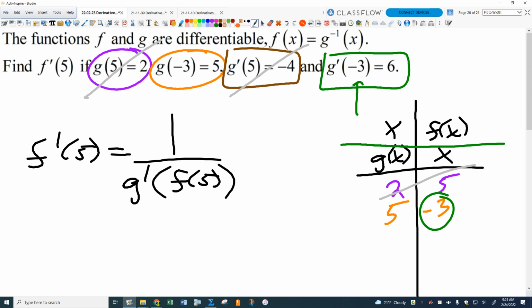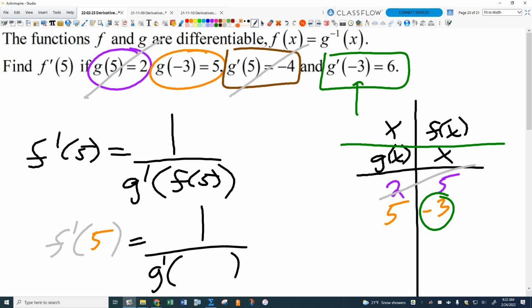So we're getting, let's see if I can write this. So f prime of 5, that's orange, equals 1 over g prime of f of 5.